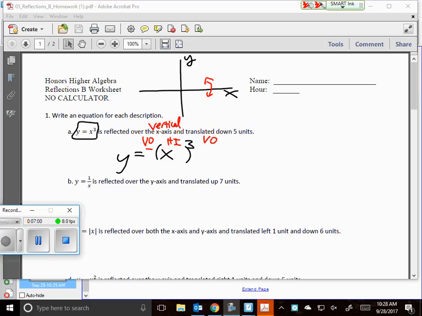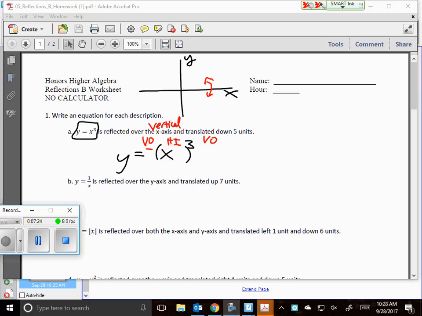So you could try to memorize this as over the x-axis is on the outside. But there's a lot of things to memorize about this, and I don't know if that's worth memorizing. The HHA thing is definitely worth memorizing. And then you can just figure out, is it vertical or horizontal when you go across the x?